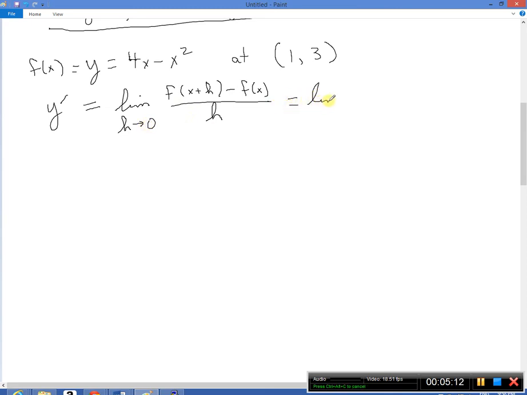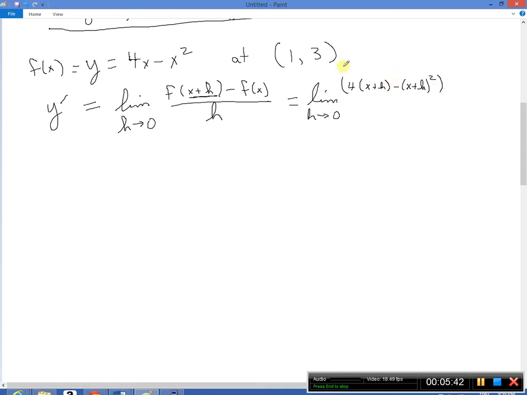Next thing you do is you have to substitute in correctly. What is f of x plus h? Well, what does that mean? It means you go to the formula for f of x, and wherever you see x, you replace x by whatever's in here, which in this case is x plus h. So you're going to get 4 times (x plus h) minus (x plus h) squared. And just to, I don't really need these parentheses here, but I'll put them in.